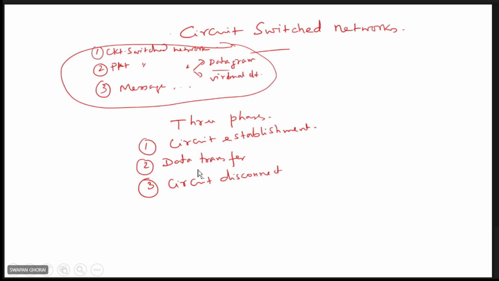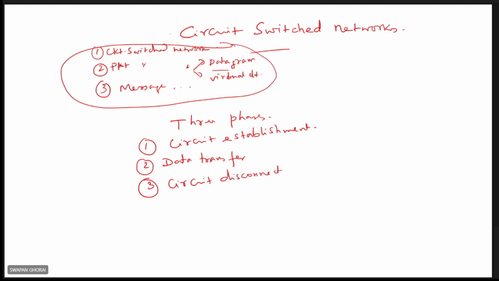The second phase is the data transfer. After the connection is established, data will be transferred from A to the destination E or F, and this data can be analog or digital, and it can be full duplex also. And the third phase is circuit disconnect.